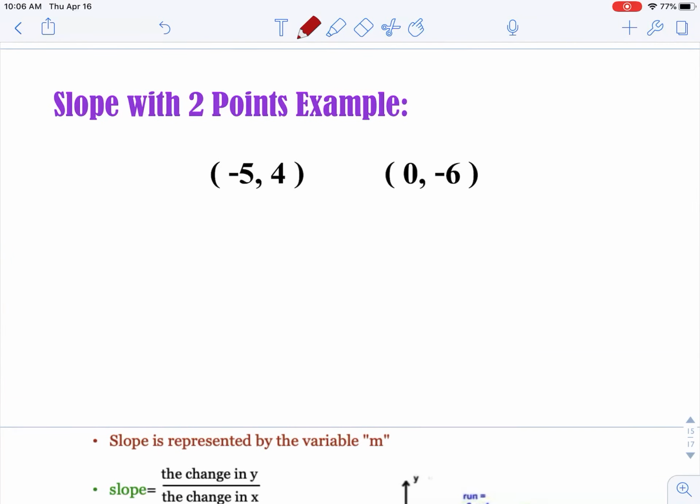We are going to go through this next one together. I'm going to have you try it on your own. I'm not going to walk through it, I'm just going to do it. But I do know this is xy, xy. I'm going to do it in both ways.